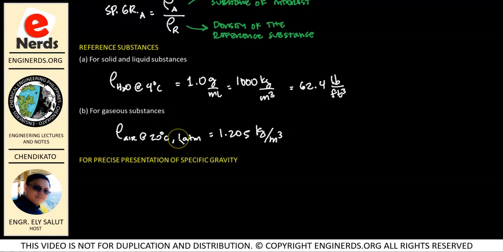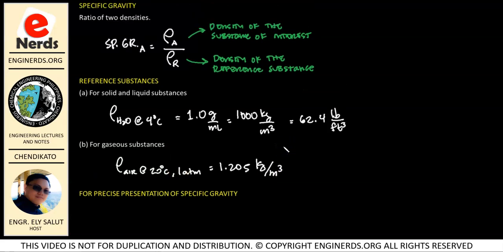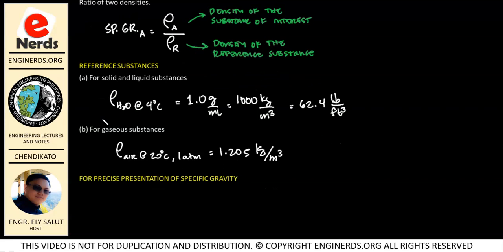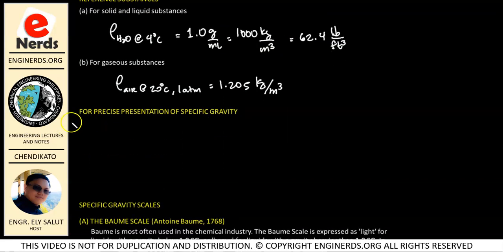Well, as you can see, specific gravity is a ratio ng density. Okay, so that is why it is commonly taught that specific gravity is dimensionless. But actually, if we write it this way, specific gravity is equal to the density of our material of interest over the density of our reference.